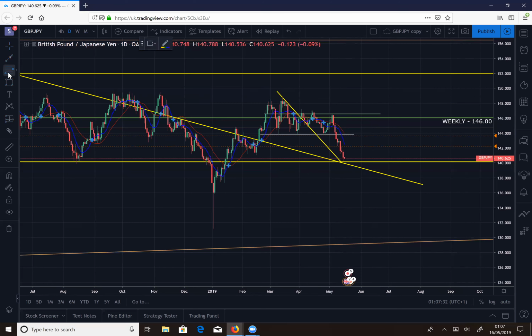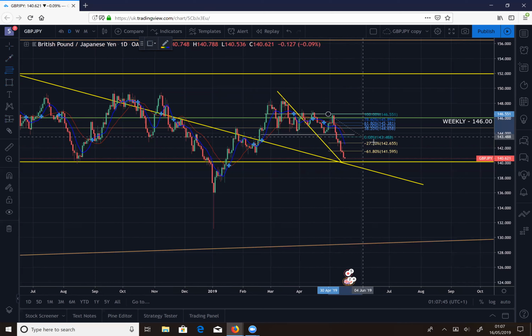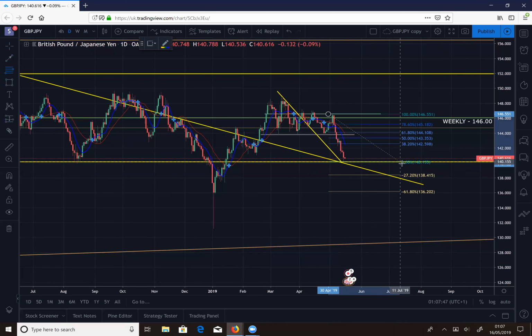So this is where Fibonacci again we can use. We're currently in this downtrend until we come up and make a new higher high. So we can just have this fib, and then we can use these fibs as target levels for taking profit. Okay, so there we go.